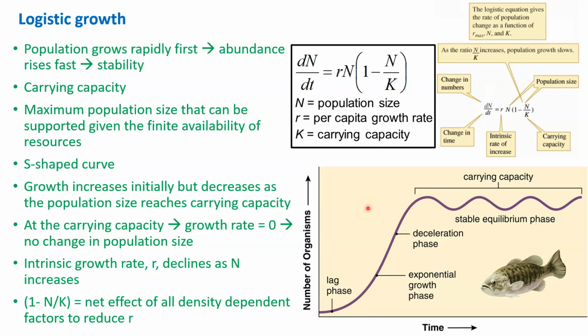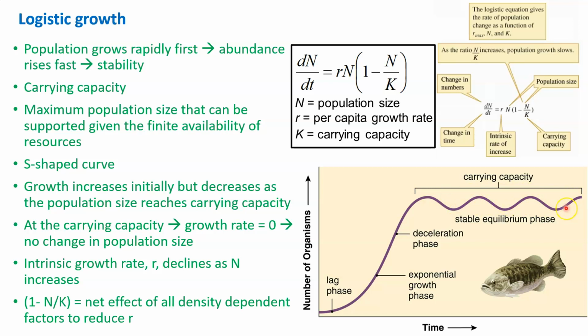And you can see geometric and exponential population growth was J-shaped, where it starts exactly the same, but keeps going up. Growth increases initially, like I mentioned, but decreases as the population size gets closer to carrying capacity, right?